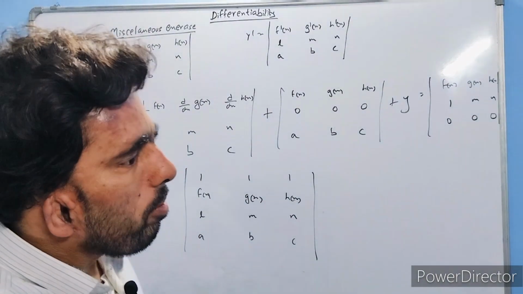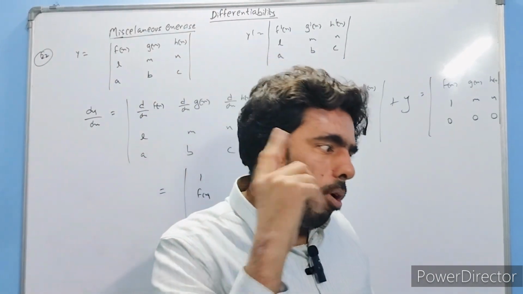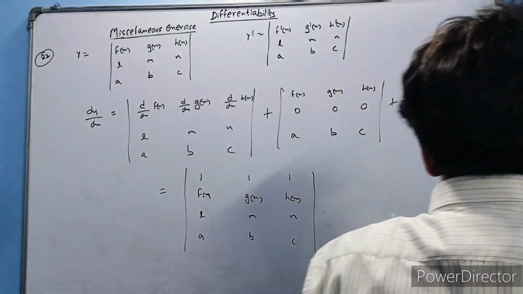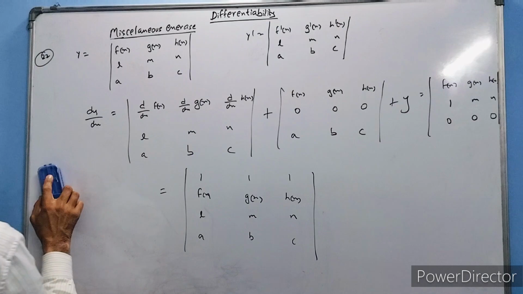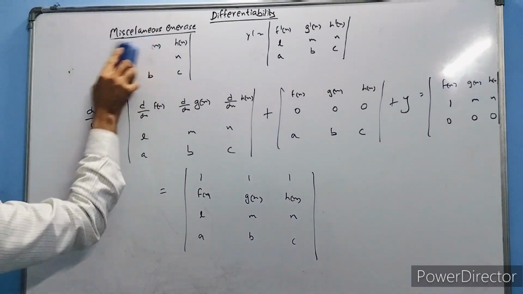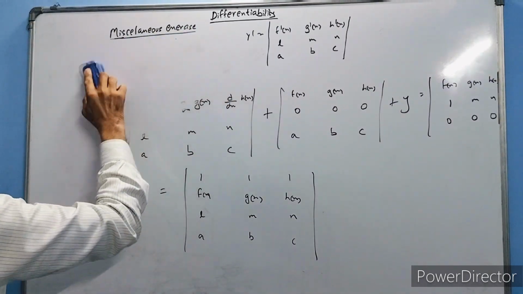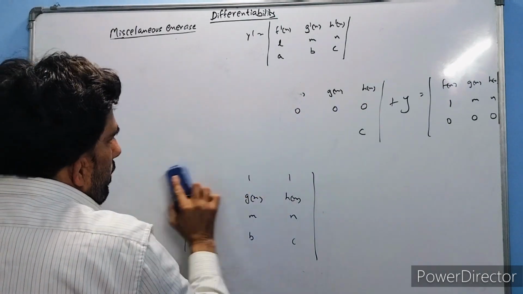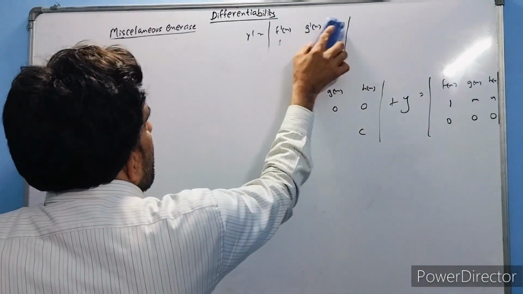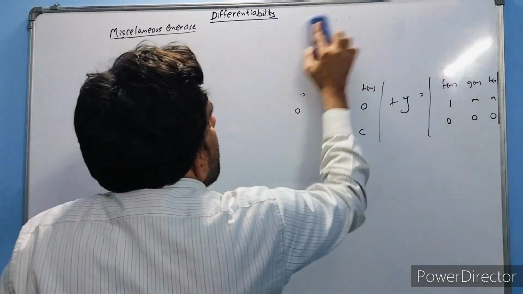Okay, so now let us try to solve the next question. So what the next question says, let us see. That is 23 now, the last question here. So let us see how we can differentiate the function they have asked.